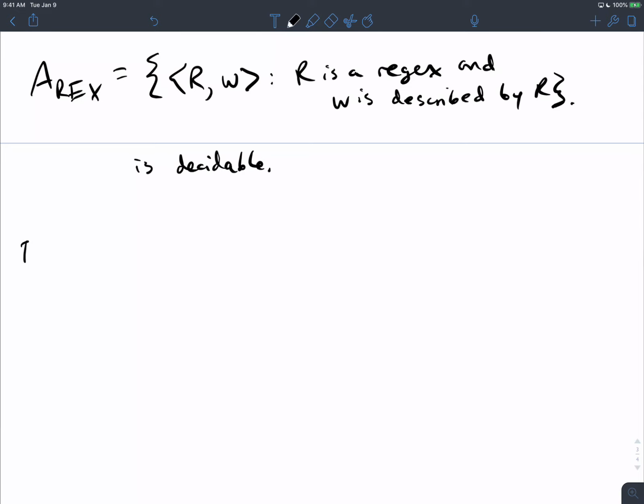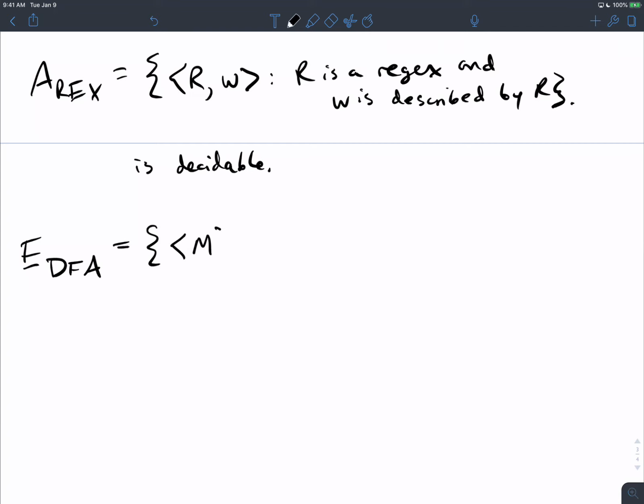So the intermediate problem is called EDFA. And the E here stands for emptiness test. So you can think of this as saying, does this DFA accept nothing at all? It doesn't accept any strings whatsoever. So here, we're not testing whether a machine accepts a given input. We're testing something about the actual machine itself with regard to any input whatsoever.